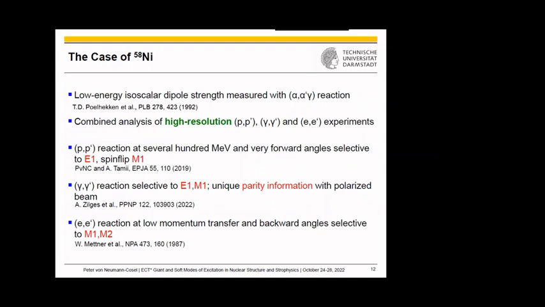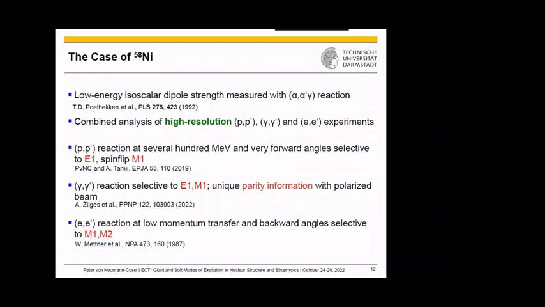And the pioneering study of this was done in KVI in the early 90s. However, one must say at that time they used large volume sodium iodide, so the resolution was rather poor. So we've seen that it's important to do that with germanium detectors to really do the state-by-state analysis to understand the structure.